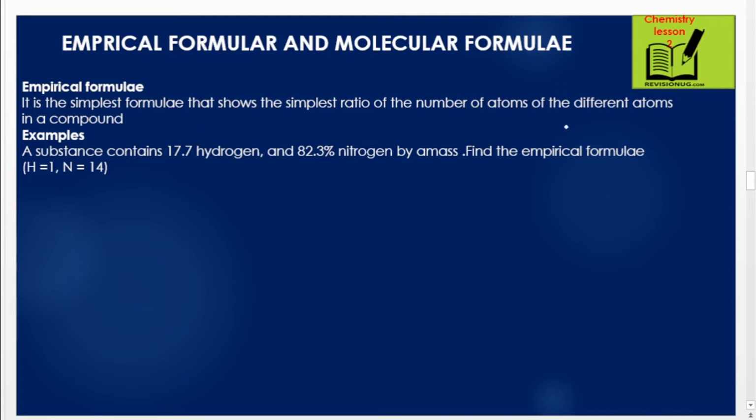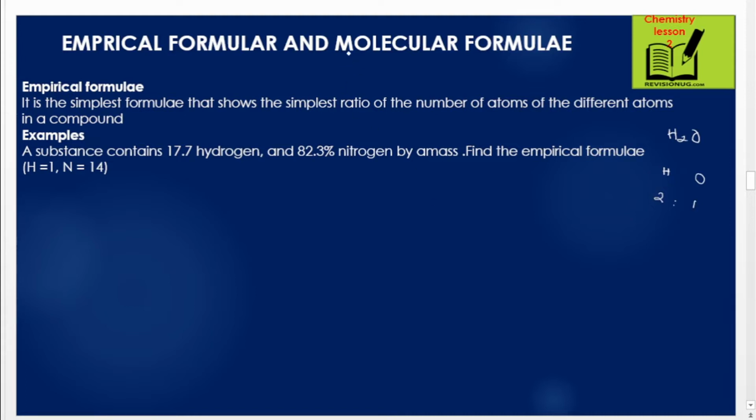For example, if I have my compound water, the empirical formula is a skeleton of water. If I want to write the formula for water, how will that formula be? It will have hydrogen and oxygen, and hydrogen will be in 2 to 1. That is the ratio. So that is the empirical formula.